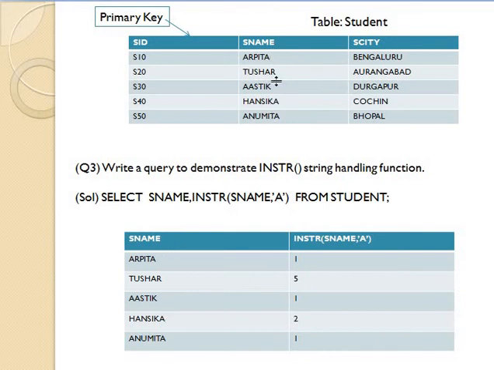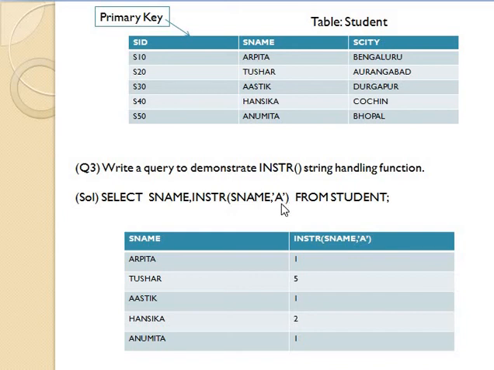So the same entries for the column sname get displayed in the output table. Now for the second thing to be displayed in the output table, which is instr taking the arguments sname and a, separated by comma, with the argument a within quotation.